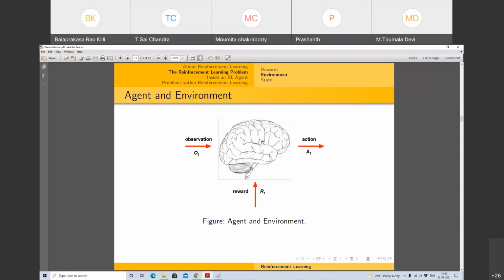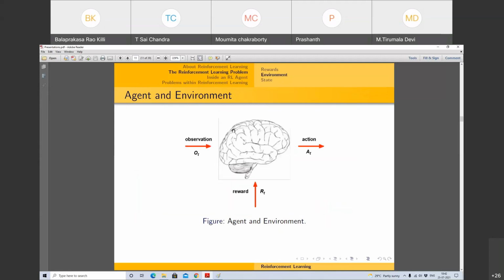This program running inside the agent is responsible for picking actions at every point of time. As I said, reinforcement learning is sequential decision making. That means the agent has to take a sequence of actions. How will those actions be decided? These actions will be decided by using the programs running inside the agent. We'll see what are these programs, all these algorithms.